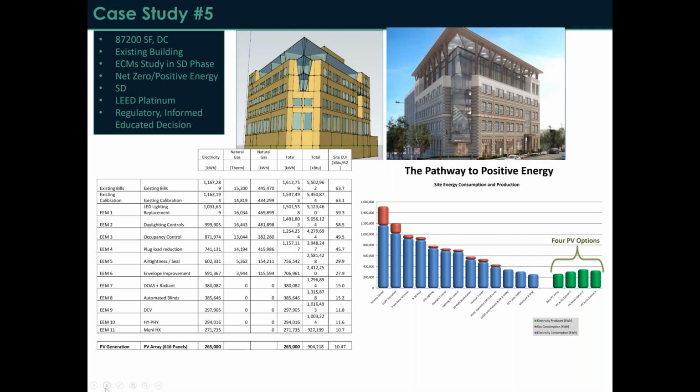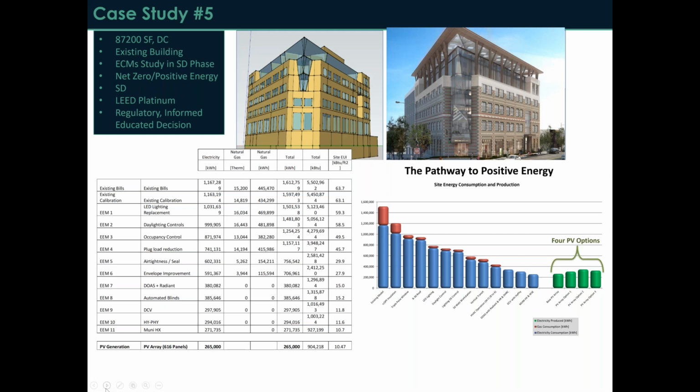So it is an existing building, as I said. There were different ECMs, energy conservation measures, over 25 different ECMs, of which I'm showing just 10 and 11 in this picture, that were applied from the early design all the way to the final renovation to reach the net zero and positive energy.